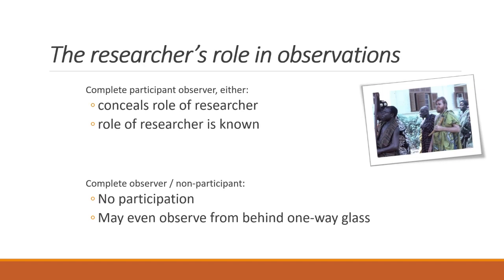processes or the kind of observation that would be done by people in psychology, for example, where you observe from behind a one-way glass, right? Where you want to see how people are going to behave in a particular scenario, or when they are confronted by a particular thing that you would have set up as an experiment.